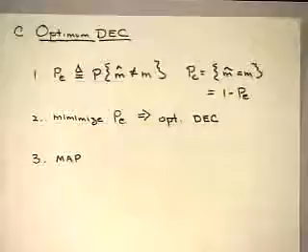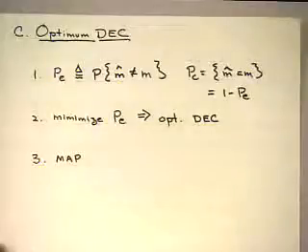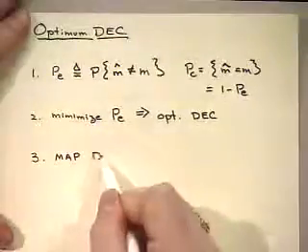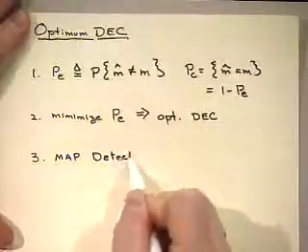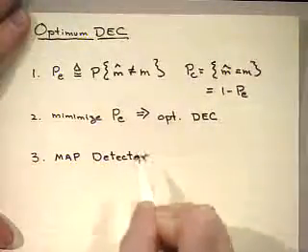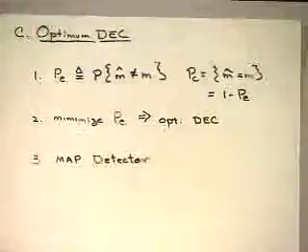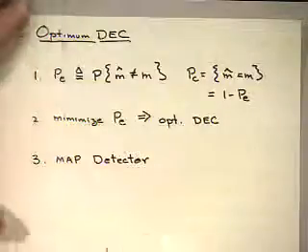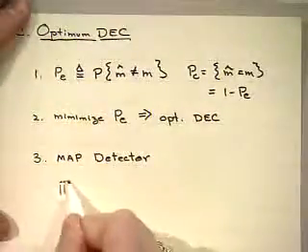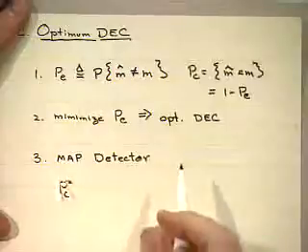Now, this type of receiver or decision device that minimizes the probability of error has a name, which you'll see often, called a MAP detector, where MAP stands for maximum a posteriori.